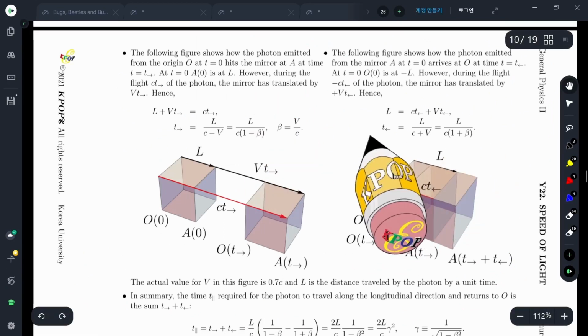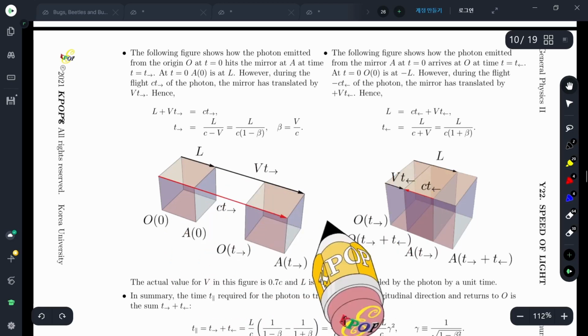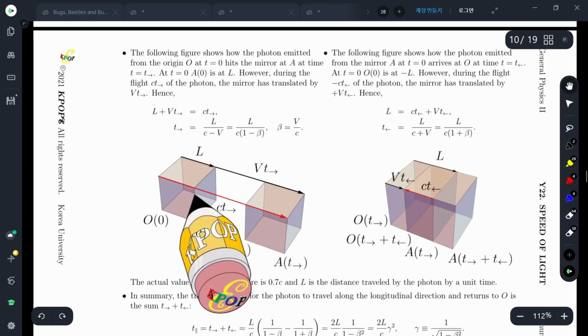Okay, the following figure shows the longitudinal motion of the electromagnetic wave in the same experiment seen in the ether rest frame.